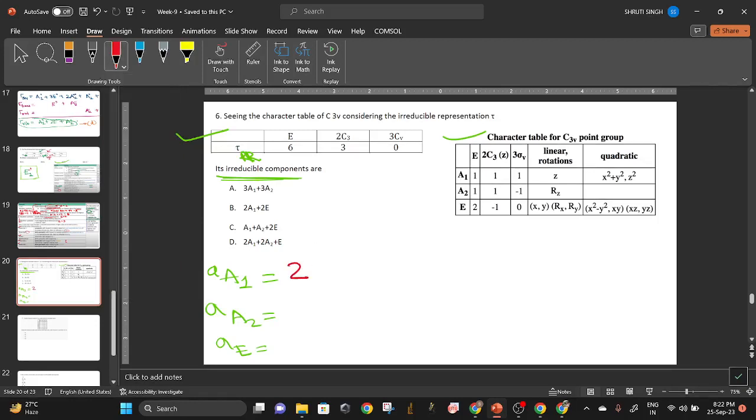Then do for others. 1 into 6 into 1 into 1, 3 into 2 into 1. A2 is equal to 2. That's also correct.